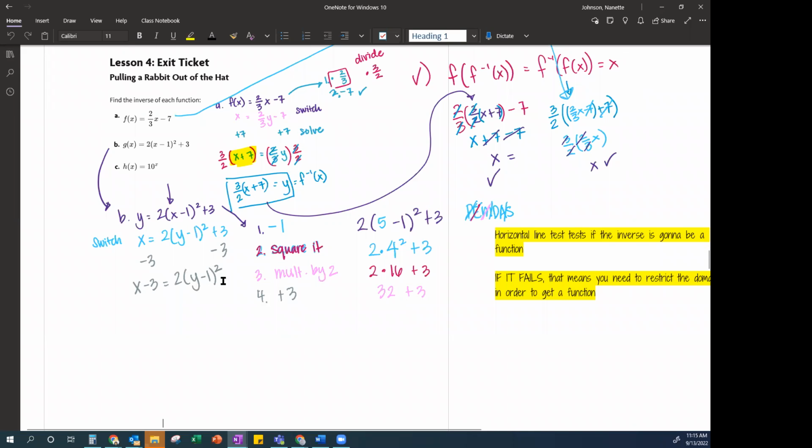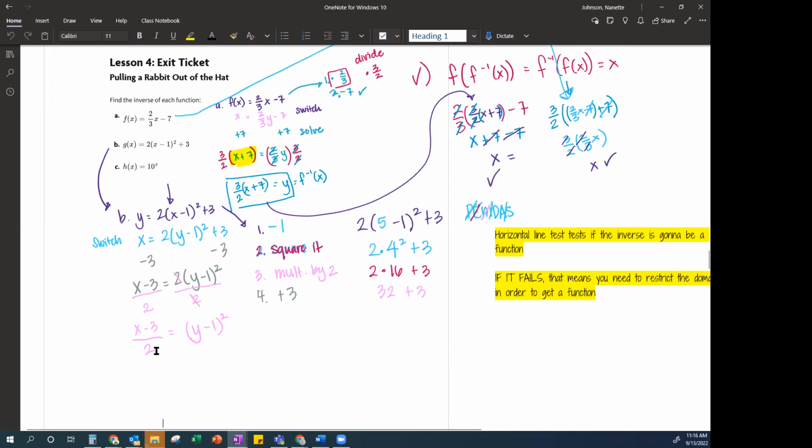If I'm just using SADMEP, the next thing I need to look for is any division or multiplication on that side. Ms. Johnson, I found multiplication. Very good. How do you undo multiplication? You just divide. So I divide both sides by 2. These cancel and I'm left with y minus 1 quantity squared equals x minus 3 over 2. Miss Johnson, do you have to put the whole thing over 2? Yes. If not, you're wrong.